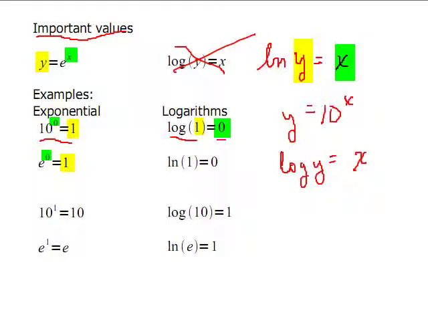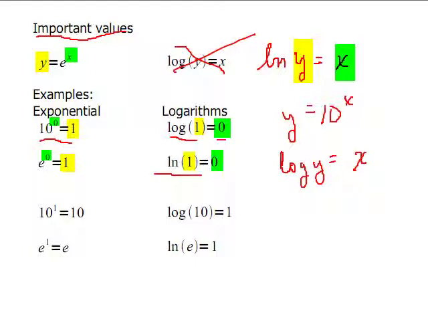So the correspondence here is natural log of 1 equals 0. This is universally true. The natural log, or the log of 1, is always 0. Just like any number raised to a 0 exponent is 1. You can kind of see how these are inverted. But these are two important rules right here, which is really only one rule.